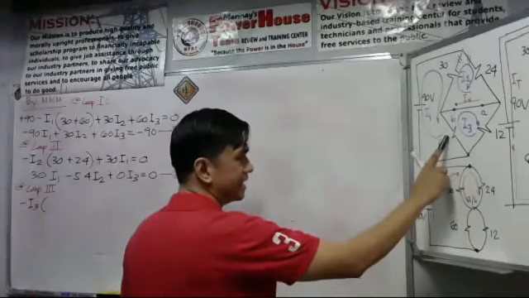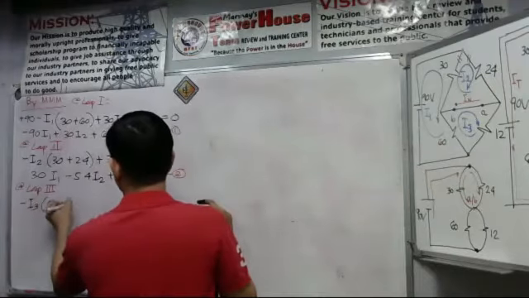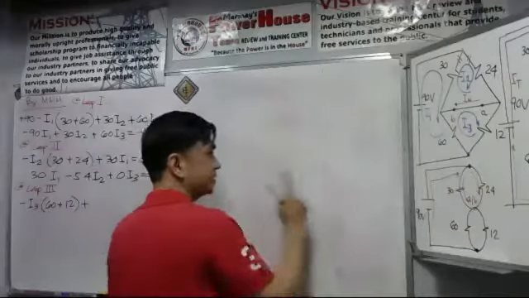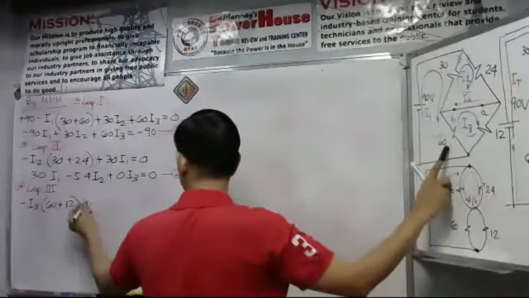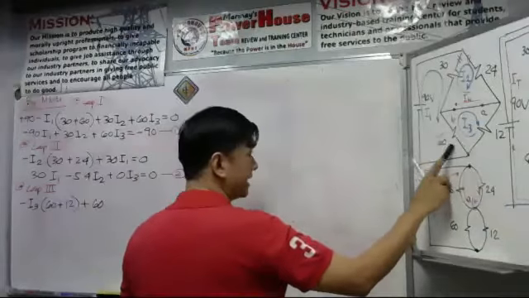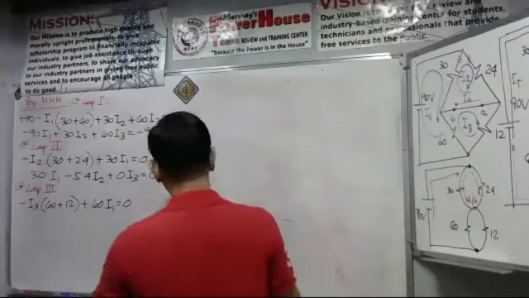So we have 60 and 12, 60 plus 12. Then plus, this is a common resistor, the 60, that is common with respect to loop 1 and loop 3. So we have here plus 60 I sub 1. That is equal to 0.